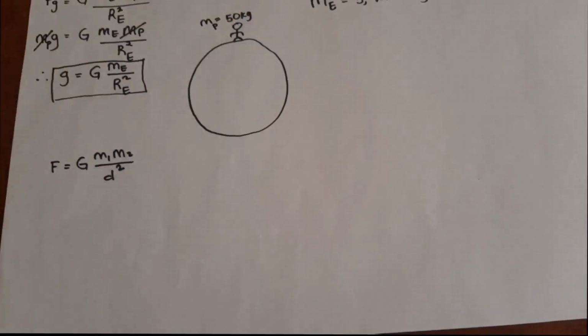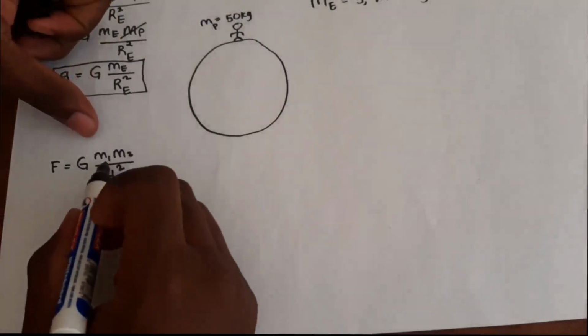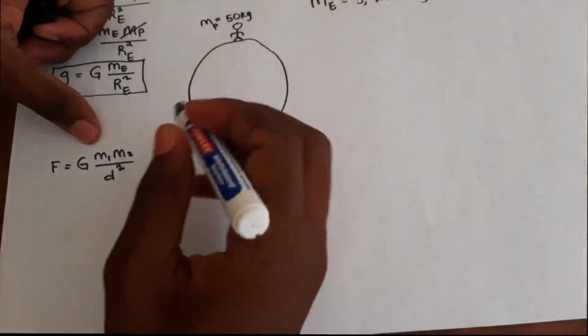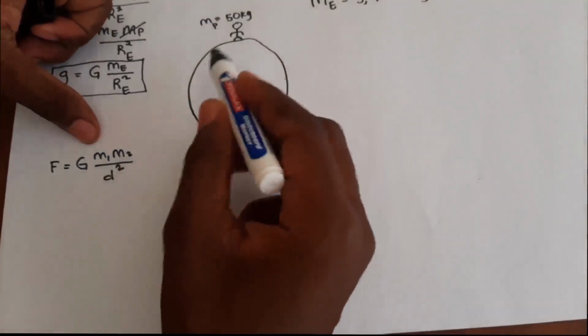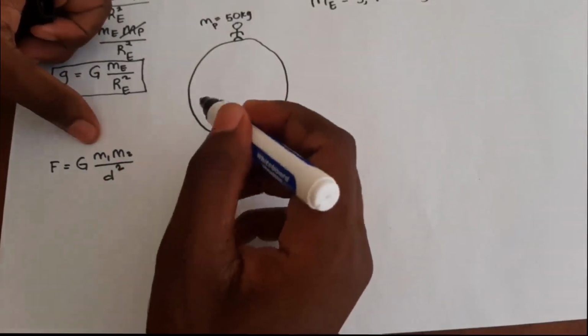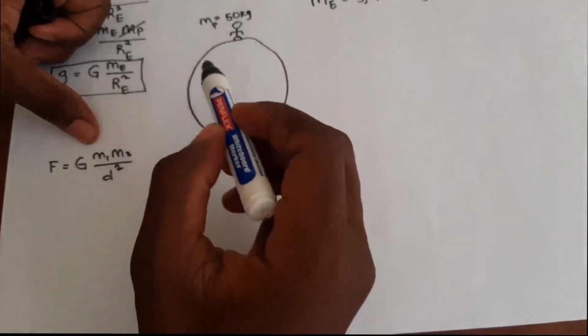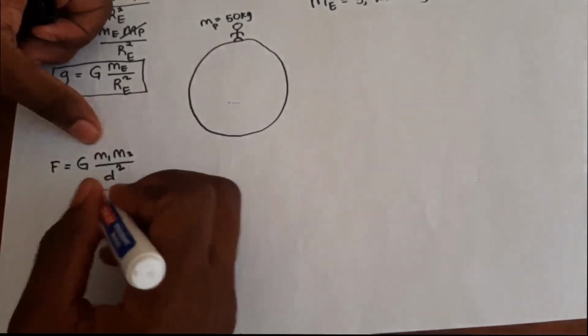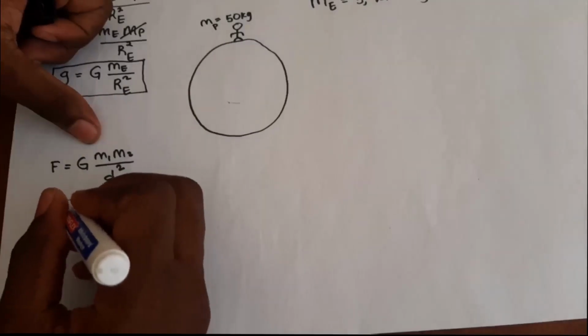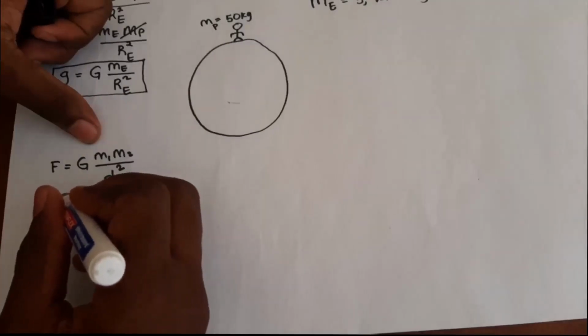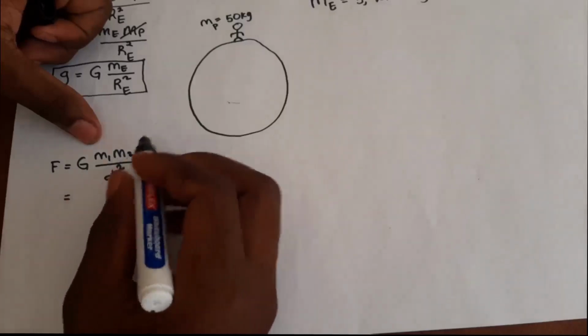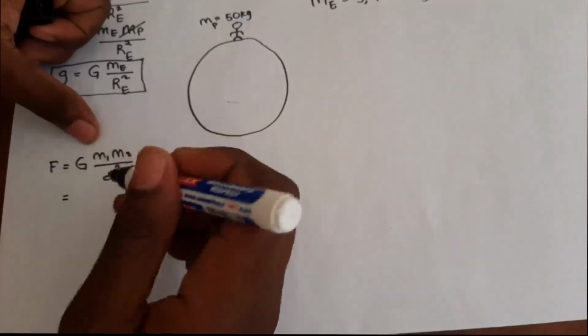So when substituting, m1 is going to be the mass of the earth, and m2 will be the mass of the person.